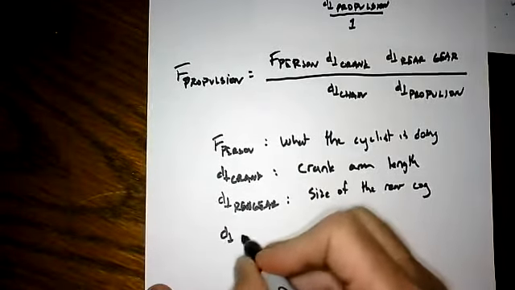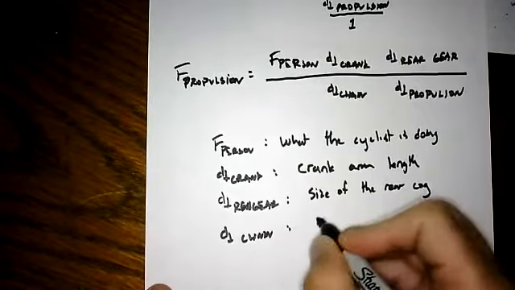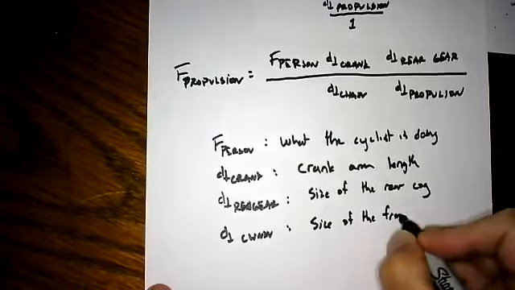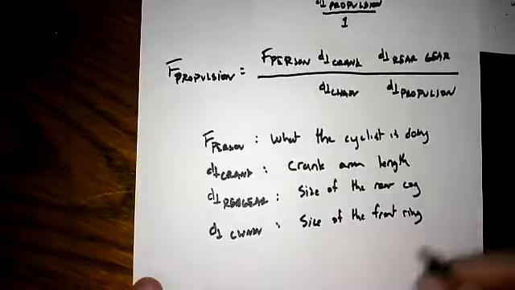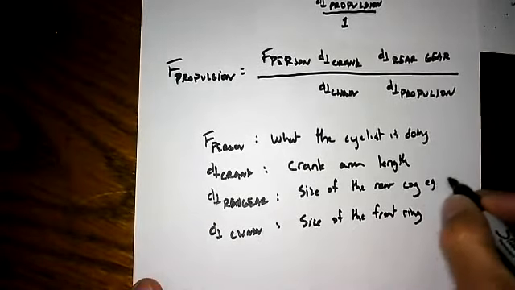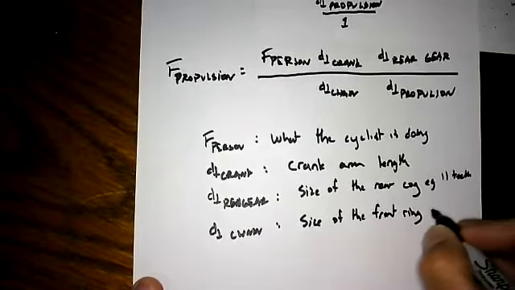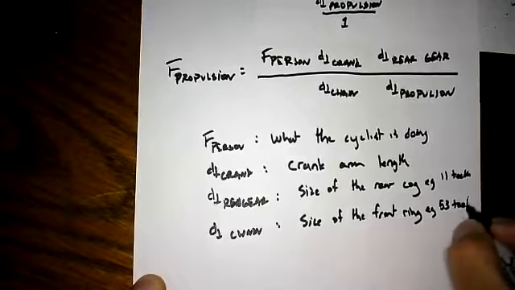D perpendicular chain is the size of the front ring, the front big ring. So for example, 11 teeth. For example, 53 teeth.